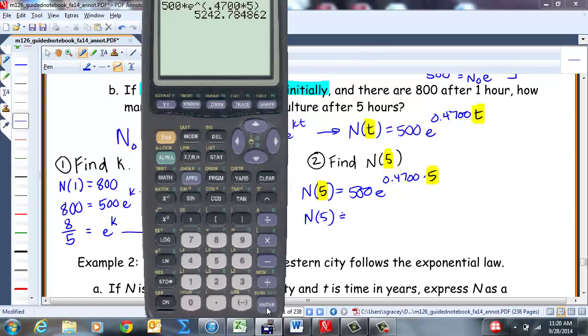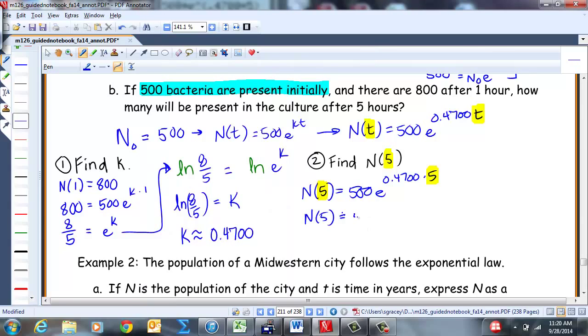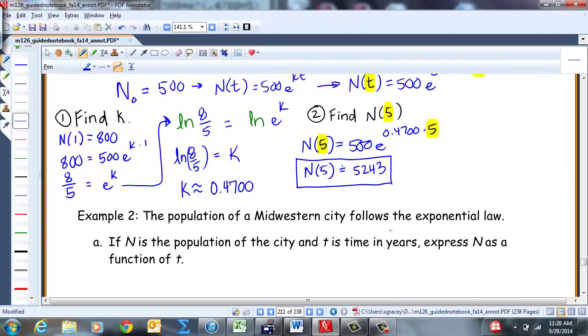Enter. So if we round to the nearest bacteria, we'll have approximately 5,243. All right. How are we doing so far?